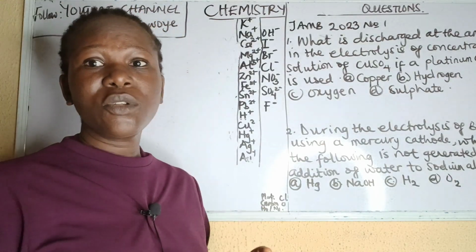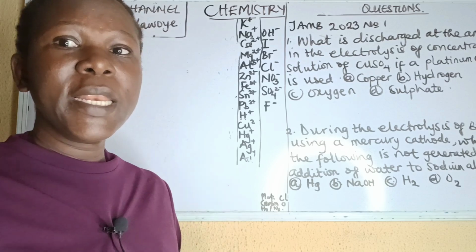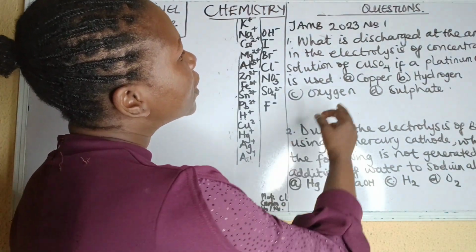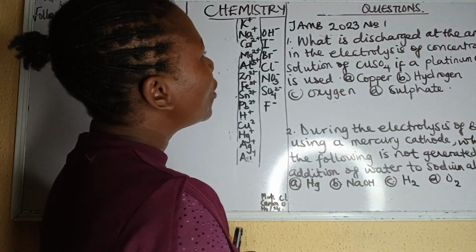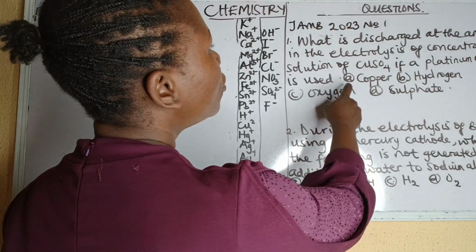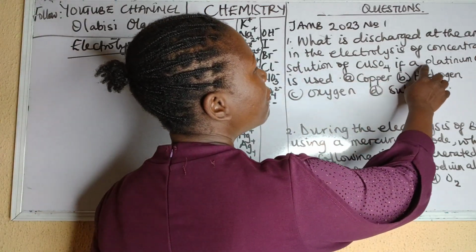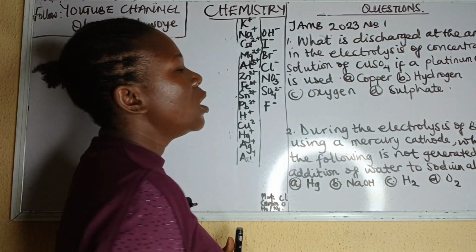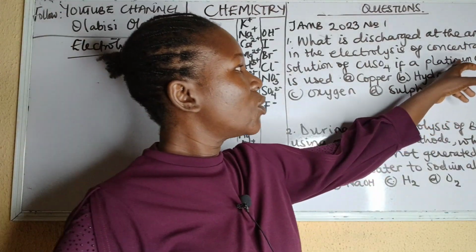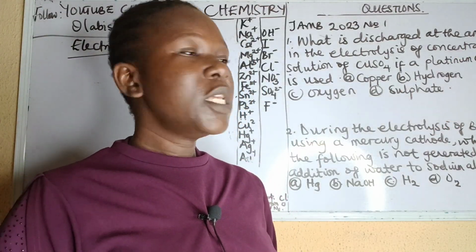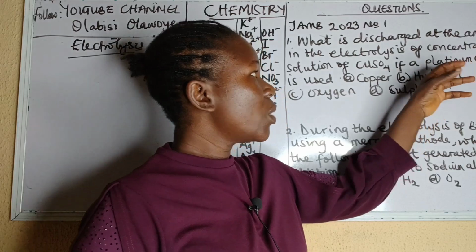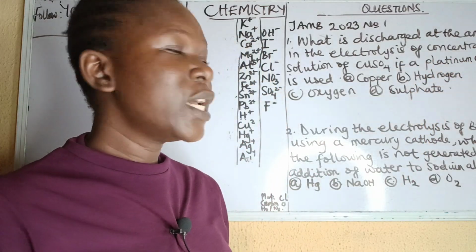Now, we have two factors. We have the position of ions, which has been earlier discussed. Now, what is discharged at the anode in the electrolysis of concentrated solution of copper(II) tetraoxosulfate(VI) if a platinum anode is used? Here we have to consider the anode used. That's an electrode. We have the anode and cathode as the electrodes.